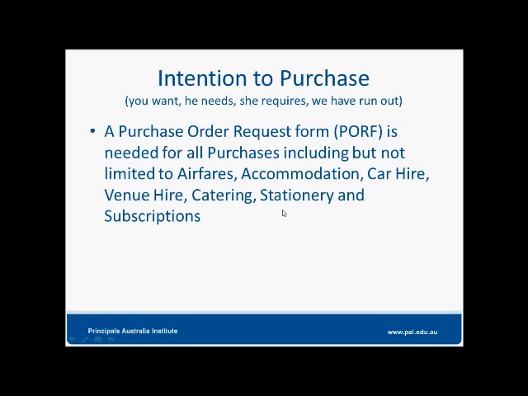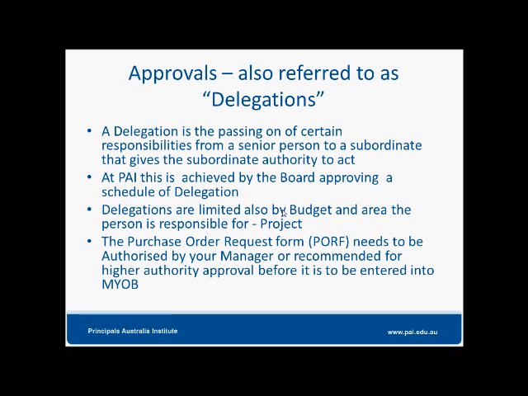Those things that you don't need purchase orders for will have a contract, which is in effect a different form of purchase order, because contracts get signed by approved delegates, and so that is the authority to undertake that expenditure. Speaking of authorities, we're talking about approvals, which are also referred to as delegations.